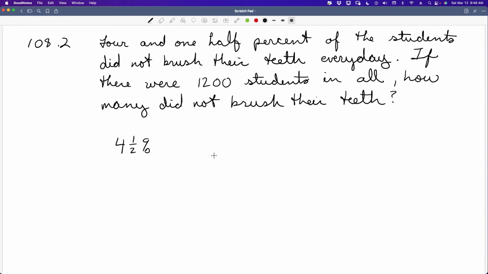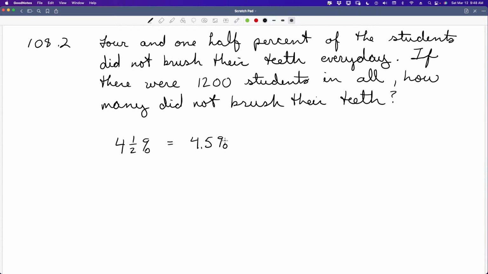So we start with the percent equation and then fit our problem into its form. So a percent of a number is another number. So 4.5% of 1,200. So of means to multiply.